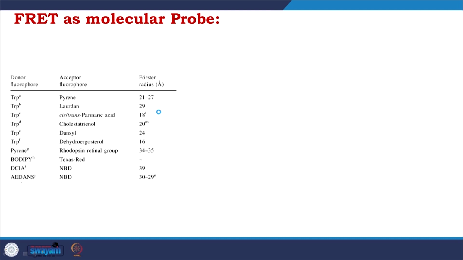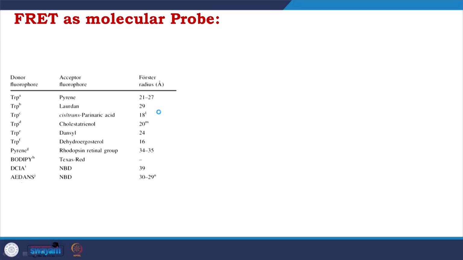The condition is that the donor and the acceptor should be at a distance where FRET relation is valid. Here you see a lot of molecules like pyrene, Laurdan, cis-trans parinaric acid, cholestatrienol, dansyl, which all have FRET relation with tryptophan.